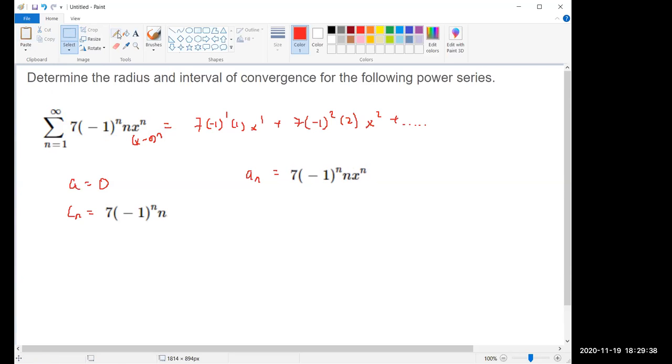And then a sub n plus 1 is this, with the n plus 1 here, and then x to the n plus 1.